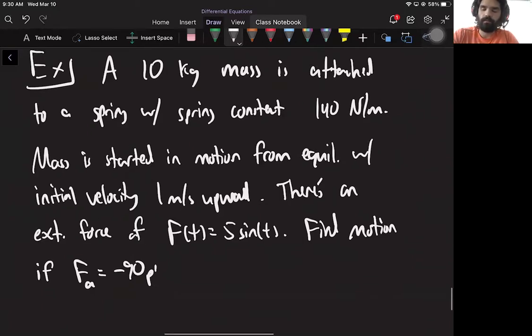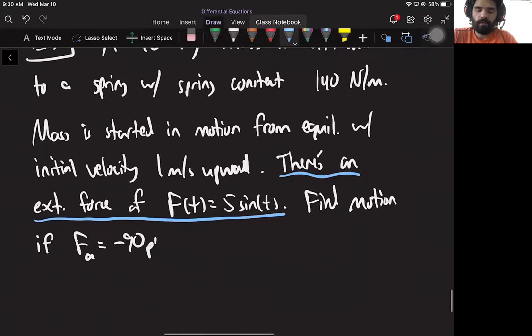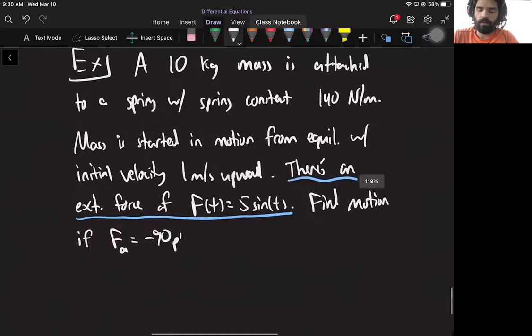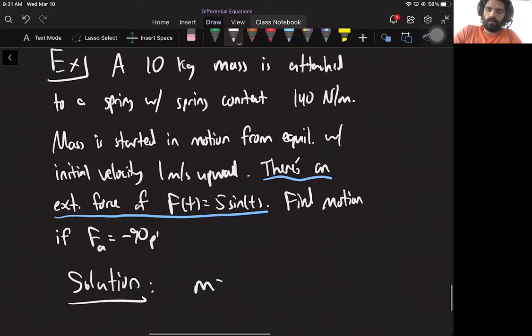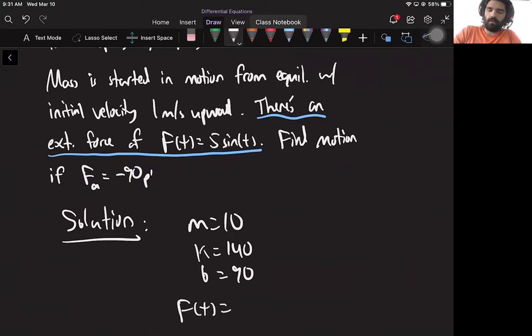This time, what's new is there's an external force and there's air resistance again. So what is the differential equation describing the situation? It's going to be a little bit different. So I still know mass is 10, K is 140, B is 90. This time there is an external force.